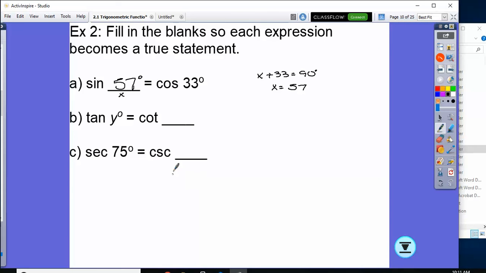Okay, second one, tangent of y equals cotangent of blank. So again, we just need the complement. If you called this an x, if you want to set up an equation, it means y plus x equals 90. So if you're solving for x, subtract your y, it's just 90 minus y.